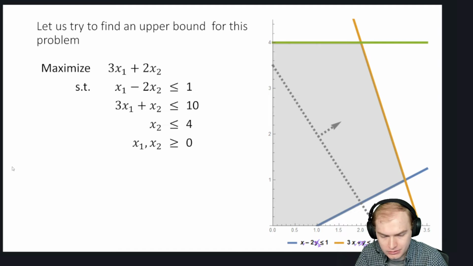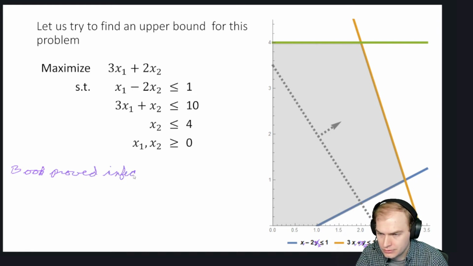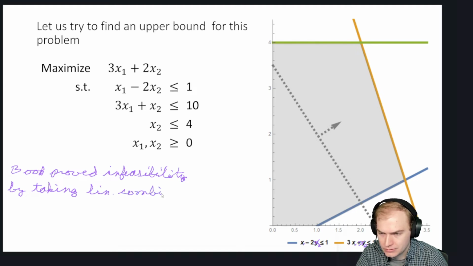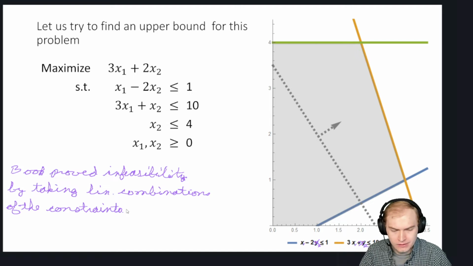So the book proved infeasibility by taking linear combinations of the constraints. This one, of course, is not infeasible.